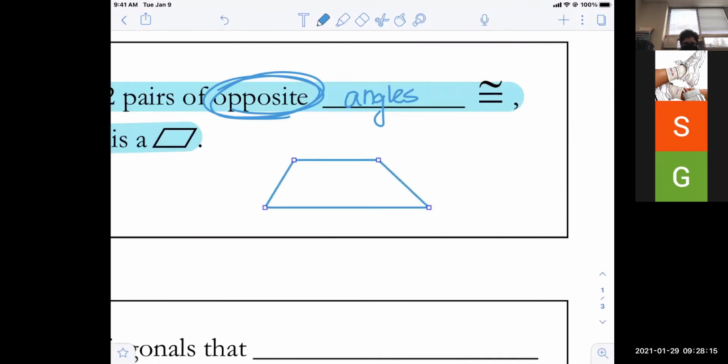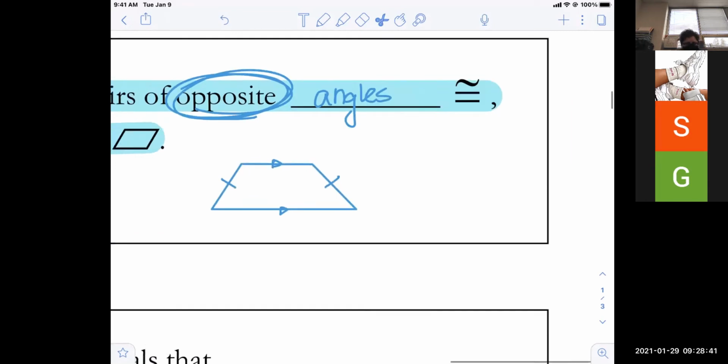Because this shape, if these are parallel and those are congruent, what kind of shape is that? What kind of trapezoid? You guys know what you call that when it has two congruent sides like that? What do you call a triangle that has at least two congruent sides? Isosceles, yeah. This is an isosceles trapezoid.